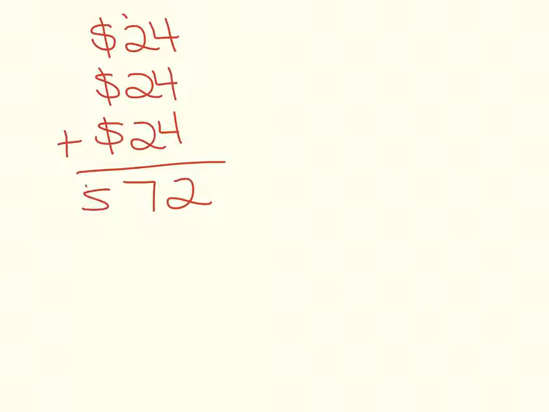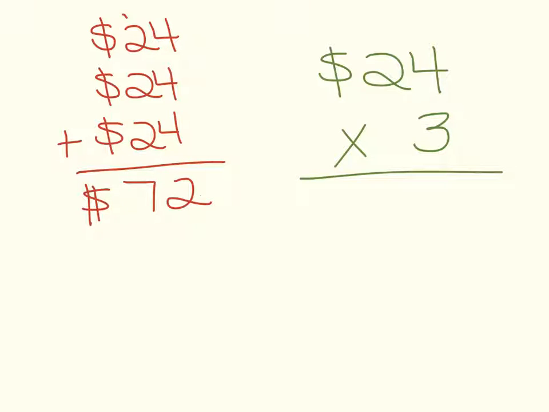Now, it would be easier then for me to say, because multiplication is repeated addition, for me to just go 24 times 3. I am multiplying by a one-digit number. Now, you've done this already last year, so this really isn't anything new.